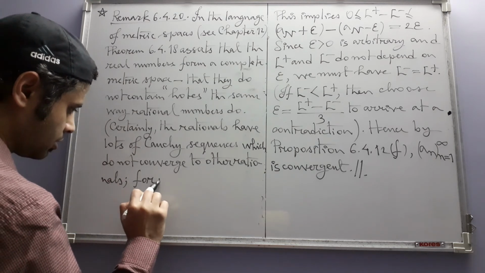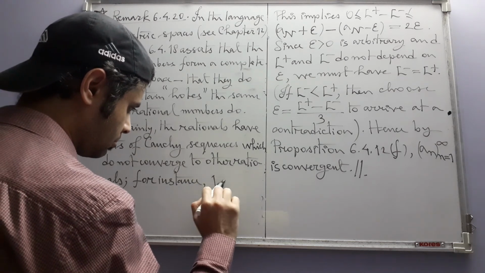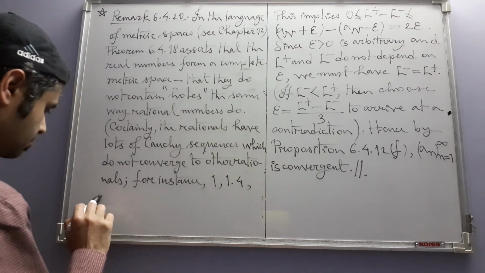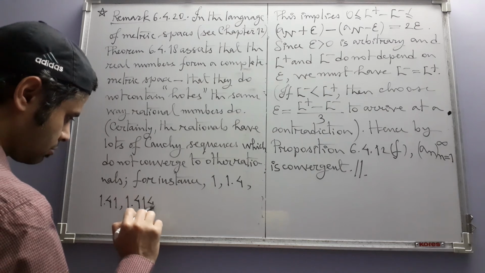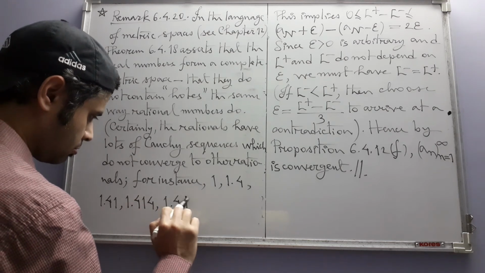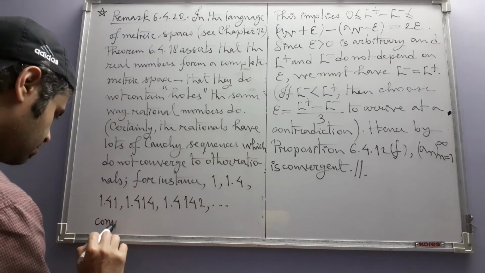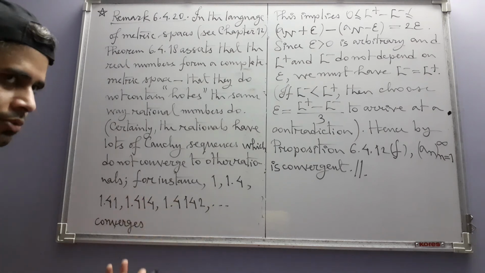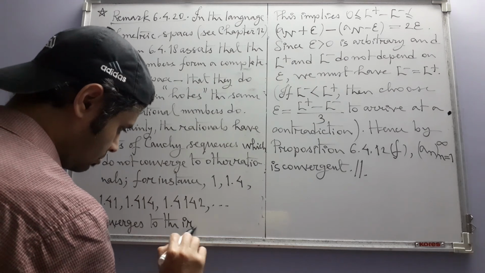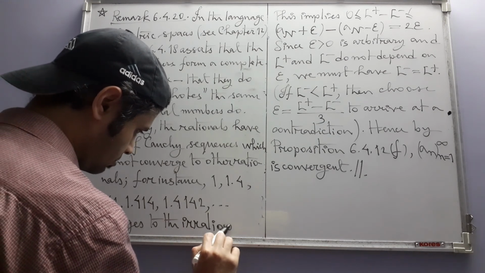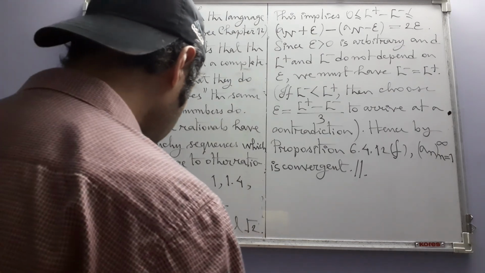For instance, the terms of this sequence converge. This is a sequence of rational numbers, but it converges to the irrational square root of 2.